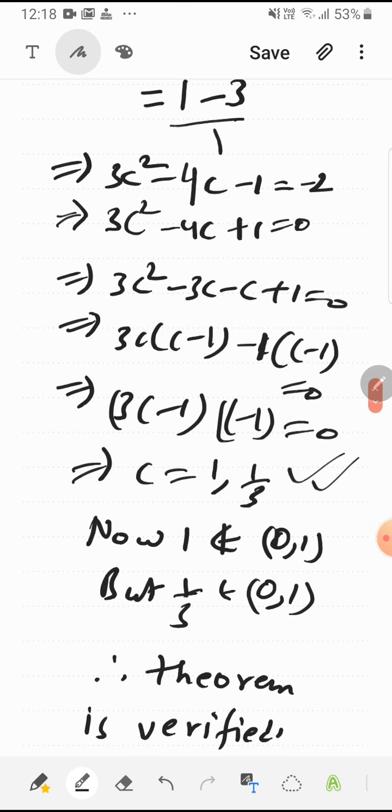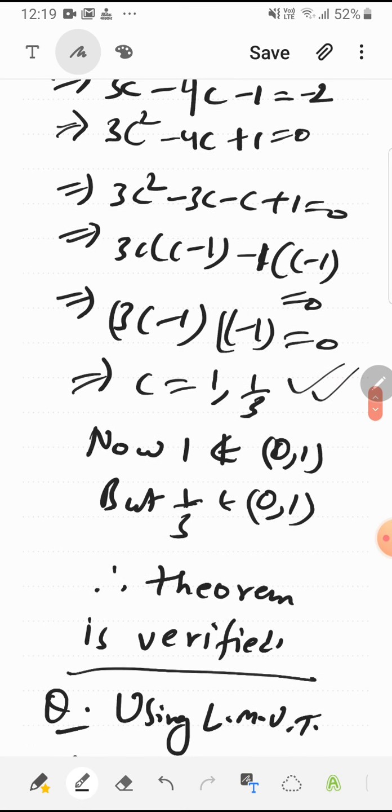Now 1 doesn't belong to the open interval 0, 1, so it is rejected. It doesn't matter if one value is rejected. Now the value 1 by 3 belongs to 0, 1. So we can say the theorem is verified.